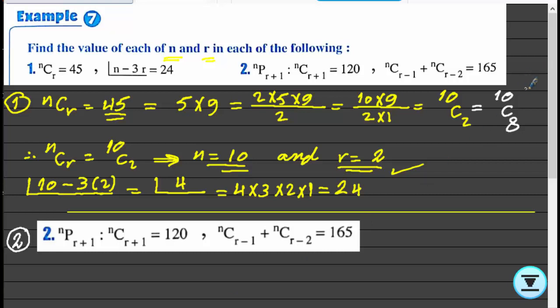we will try a solution for n equals 10 and r equals 8 in this part here.